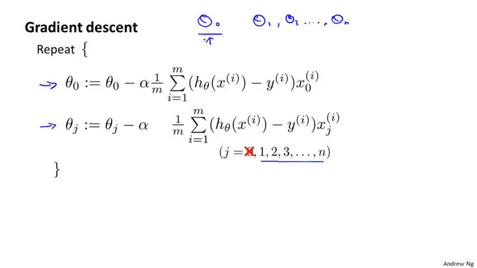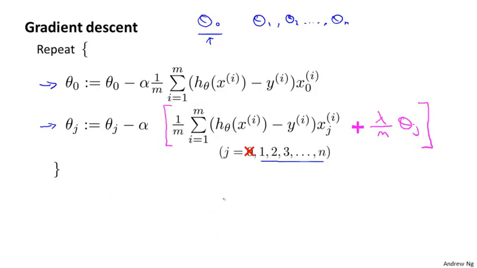Concretely, if we want to take this algorithm and modify it to use the regularized objective, all we need to do is take this term at the bottom and modify it as follows. We want to take this term and add minus lambda over m times theta j. And if you implement this, then you have gradient descent for trying to minimize the regularized cost function J of theta.